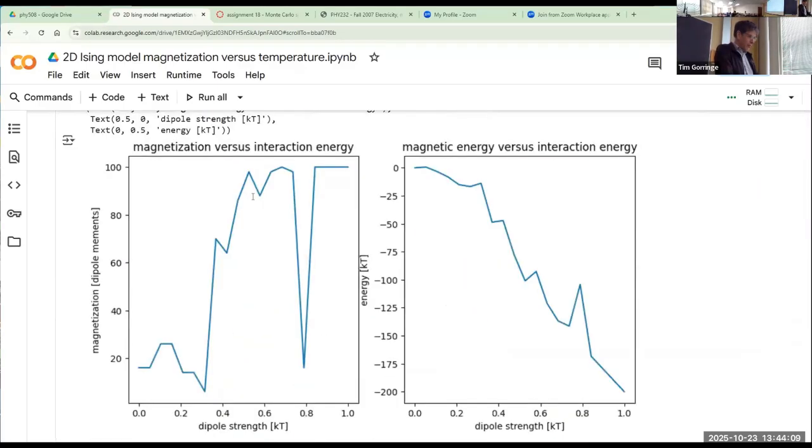That'll take a bit of time to run, but I think this is along the lines of the homework. I showed you the examples of setting J to be 0.1, so a weak magnetic interaction compared to the thermal energy, 0.5, so similar to the thermal energy, and then 2, larger than the thermal energy.